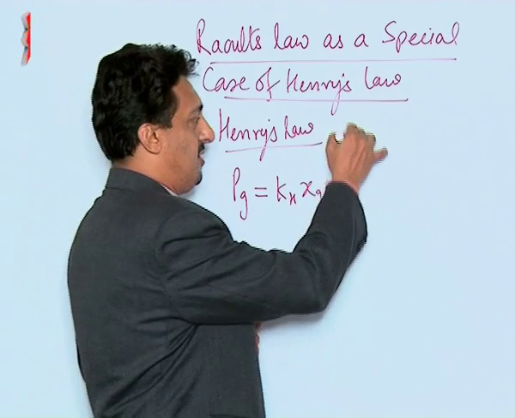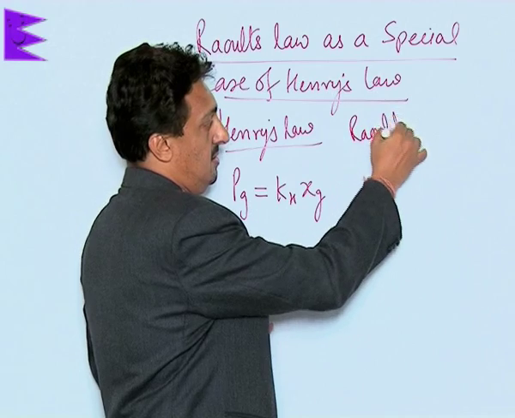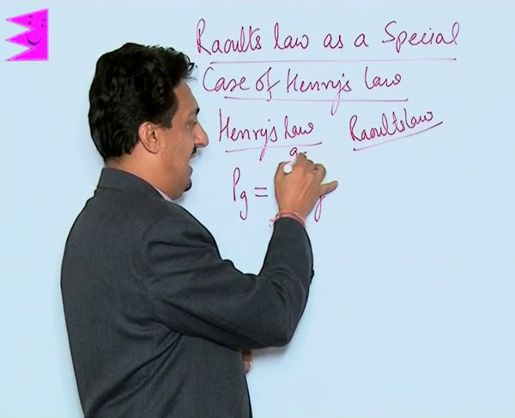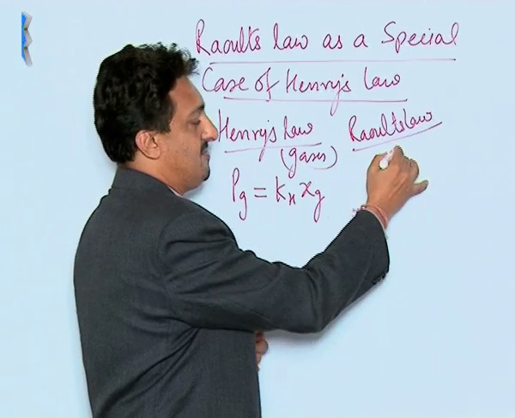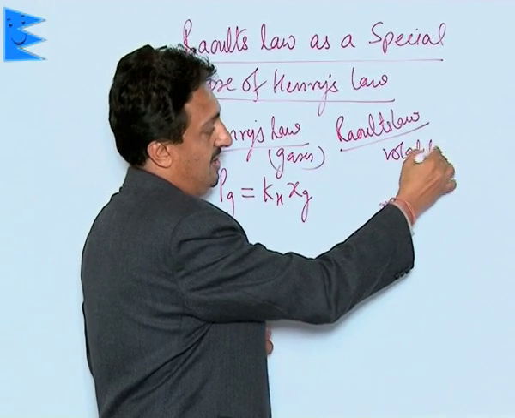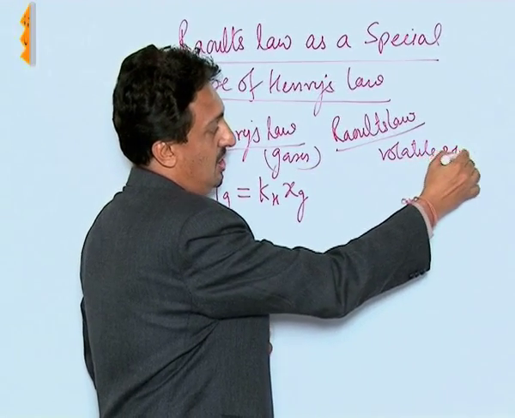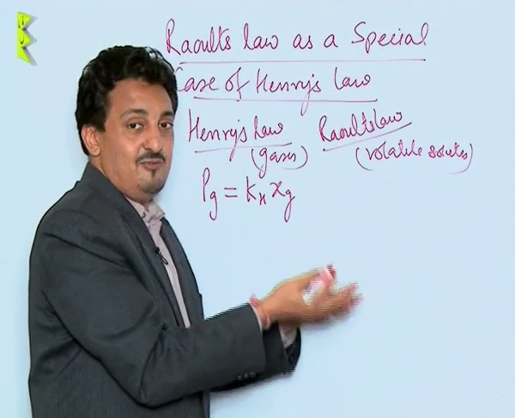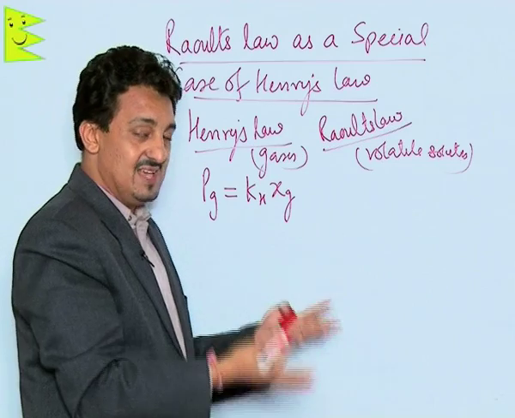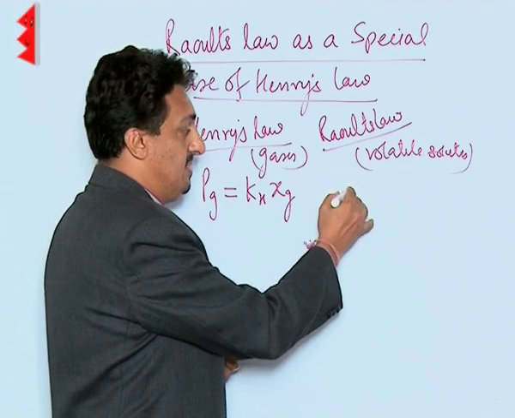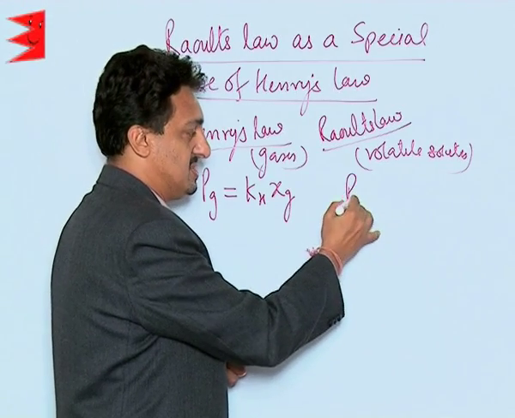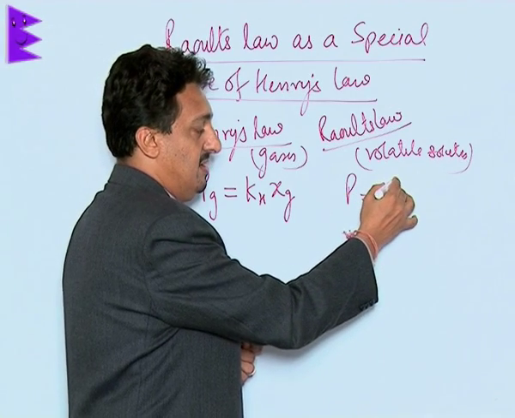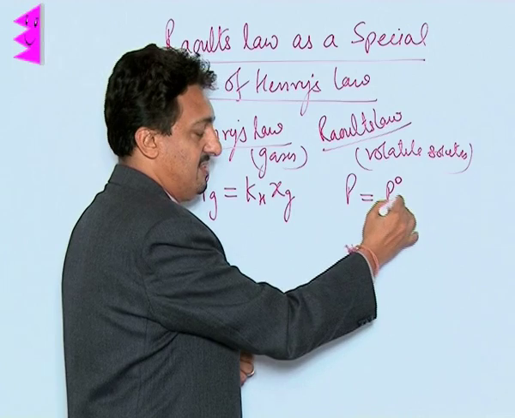We also know from Raoult's law, which talks about the volatile solutes, that their partial pressures are always equal to the product of their pressures in the pure state.